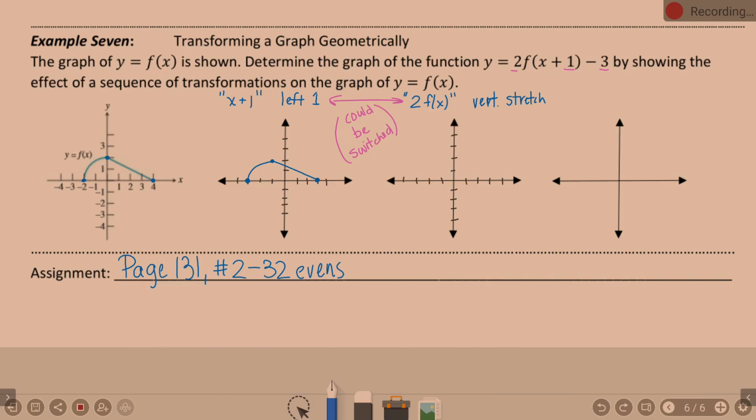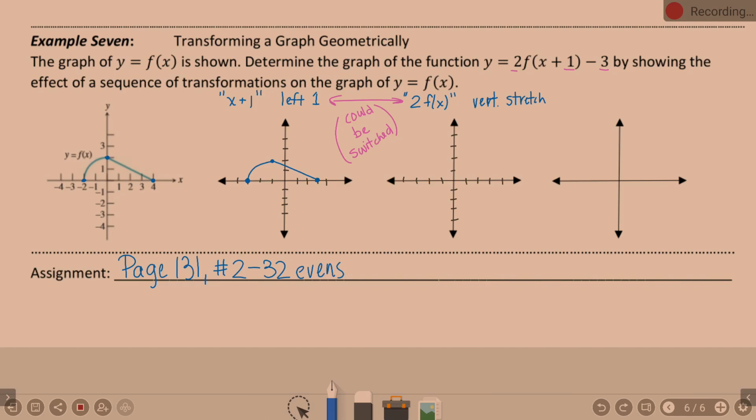Everything inside the parentheses. Okay, everything in general. I want to take this graph. The coordinate points. What is coordinate stretching points by a factor of 2? Getting taller, or the Y values. Y values. If it's a vertical stretch, it's my y values that are changing, yes? Yes, ma'am. So we're going to multiply each of these y values by 2.